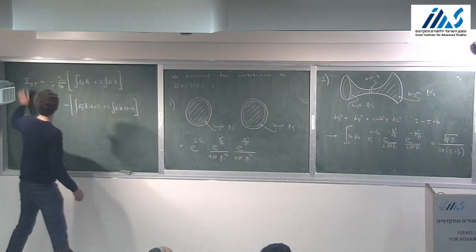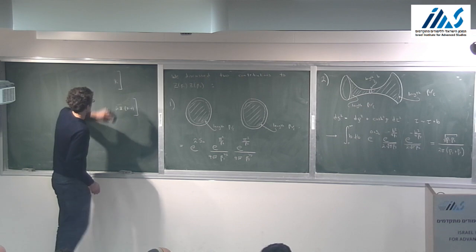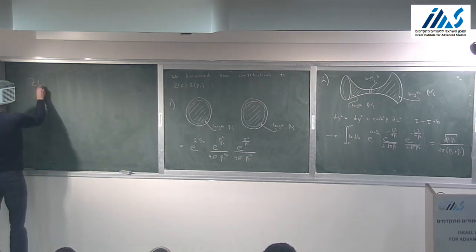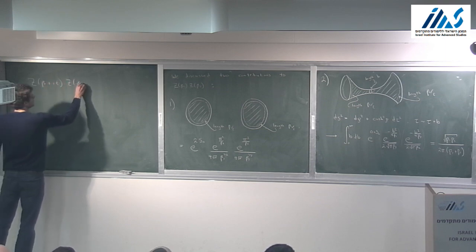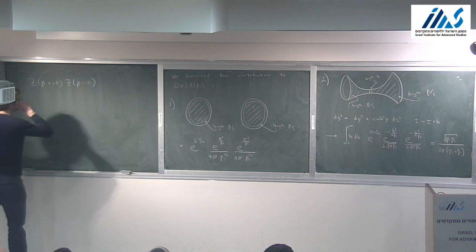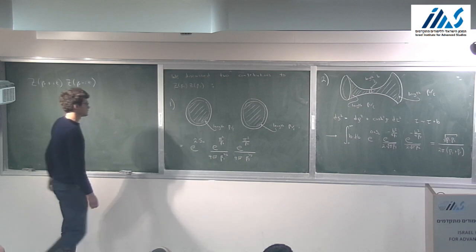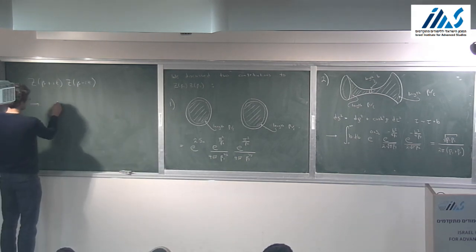Okay, so now let's see what these contributions look like if we analytically continue the beta parameters to beta plus it and beta minus it. And let's take t to be large. Then this first contribution gives us something which is proportional to e to the 2 S naught.